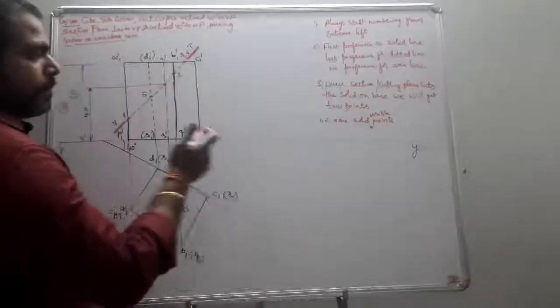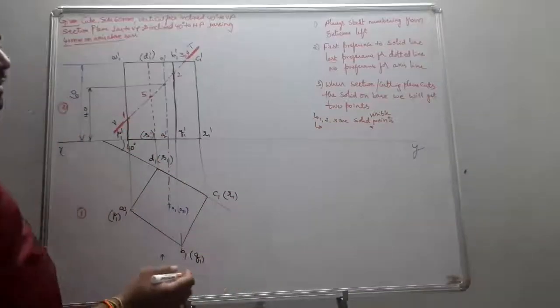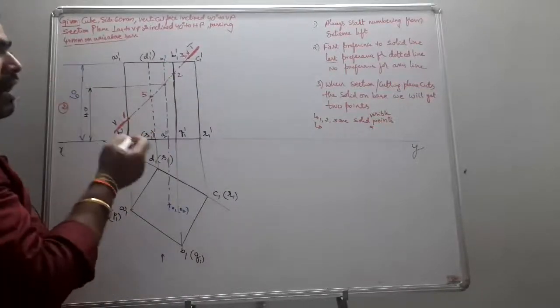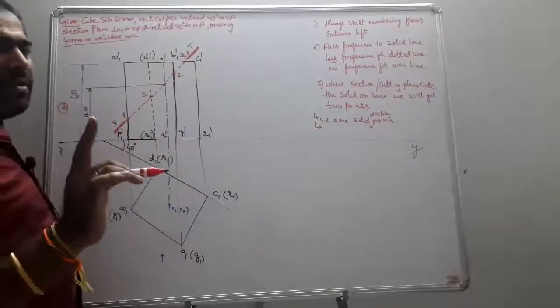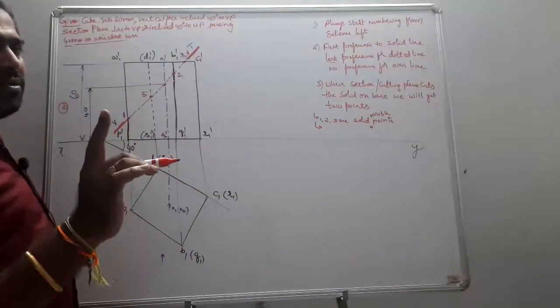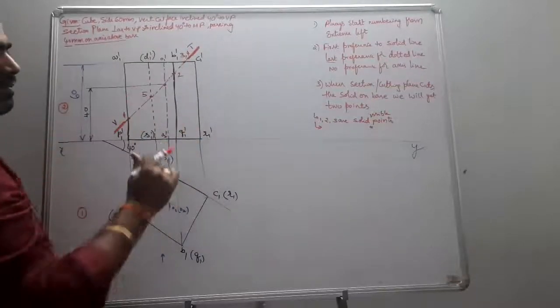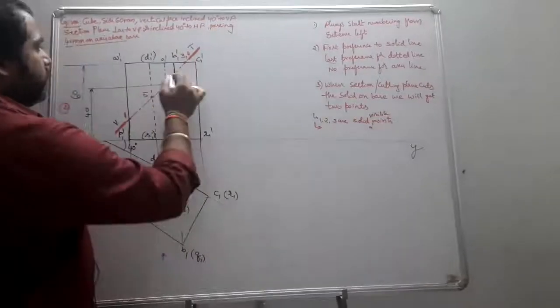Okay, next. Are there any solid lines obtained here? No. One important point to remember: when your cutting plane cuts the solid bases, either that base or that base, you will get 2 points. 1, 2, 3 are completed.